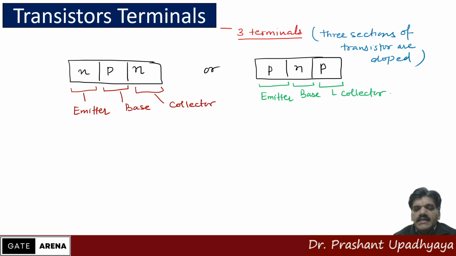So a transistor has three terminals: emitter, base, and collector, whether it is an NPN or a PNP transistor.